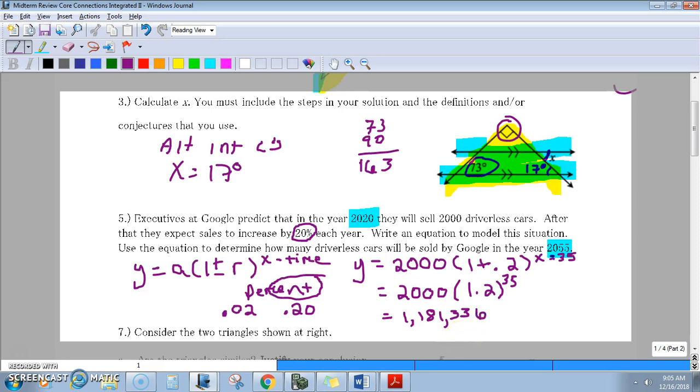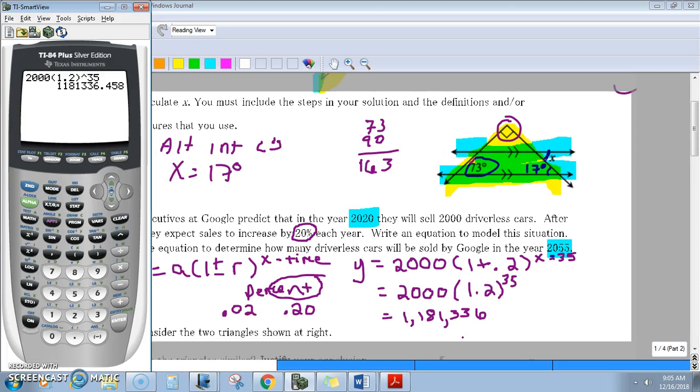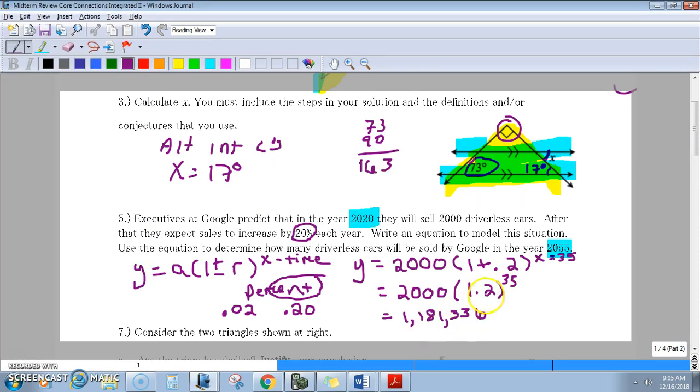I guess we could make it 337 if we wanted to, but I'm rounding down here. So that's the number of driverless cars of just Google, since it's just Google making the prediction, in the year 2055.